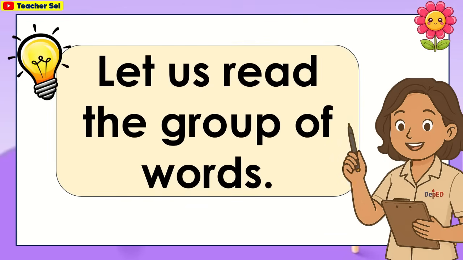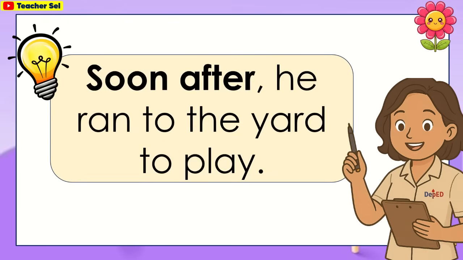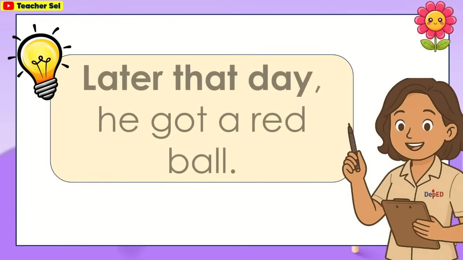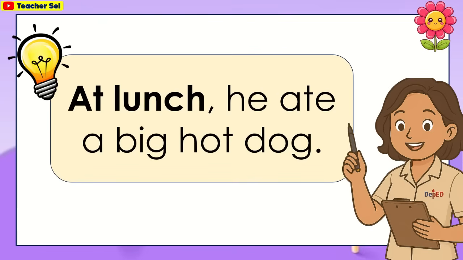Let us read the group of words. One morning, Ben got up to see the sun. Soon after, he ran to the yard to play. Later that day, he got a red ball. At lunch, he ate a big hot dog.